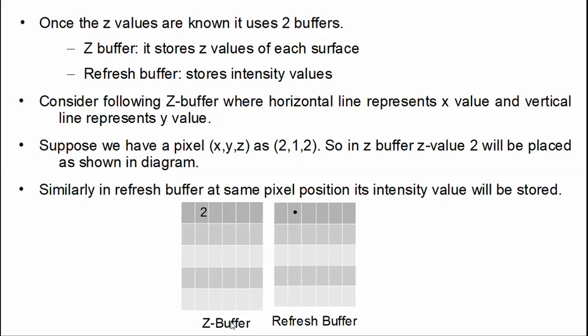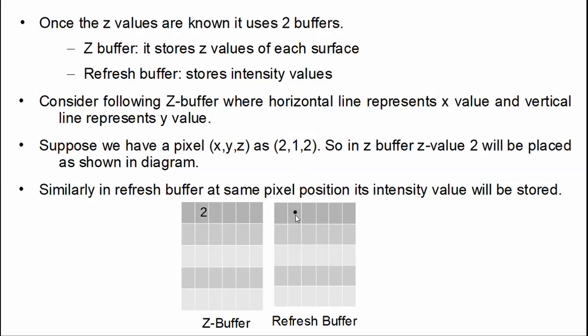And what I will store into the refresh buffer now? Refresh buffer stores the intensity values. Whatever the intensity of this particular pixel, that intensity will be stored into this cell, that is second and 1. X value is 2, Y value is 1. So at this particular position, intensity of this pixel will be stored.